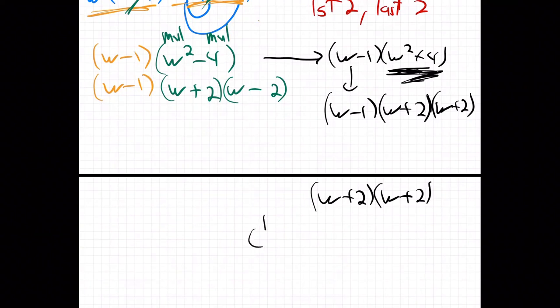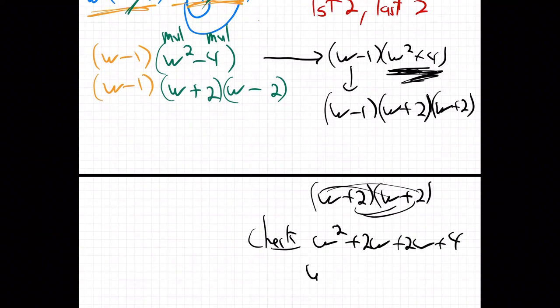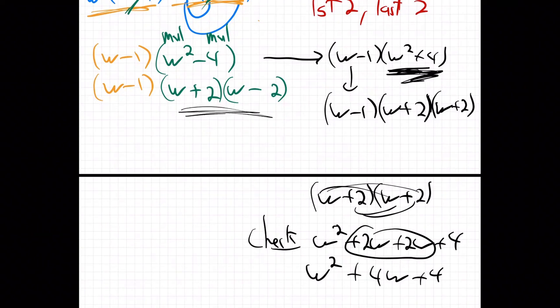How do we check it? You know what to do, right? First to both, W squared plus 2W. Second to both, plus 2W plus 4. You see what we get in the middle? 4W. It's not just W squared plus 4, is it? You think, well, why'd you do it over here? Because it's true over here. What do I mean it's true? Let's check it.